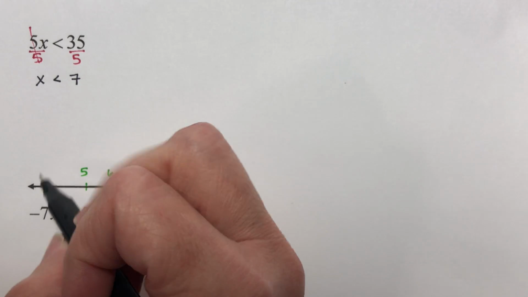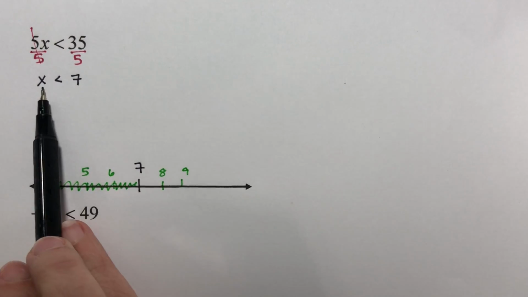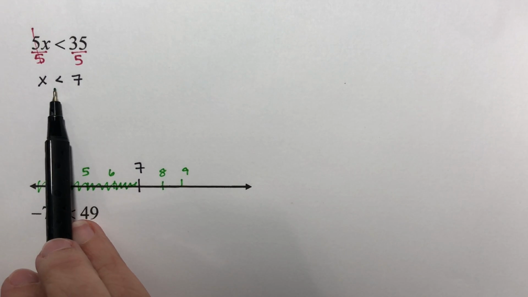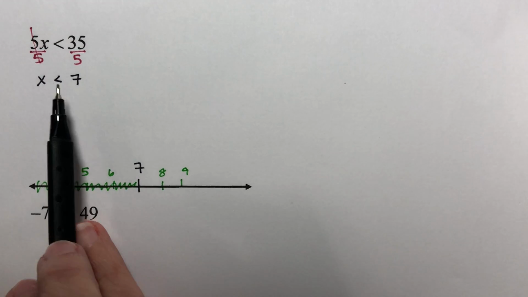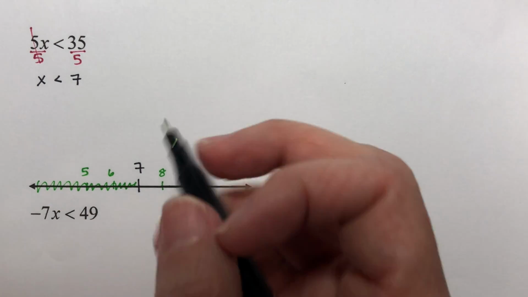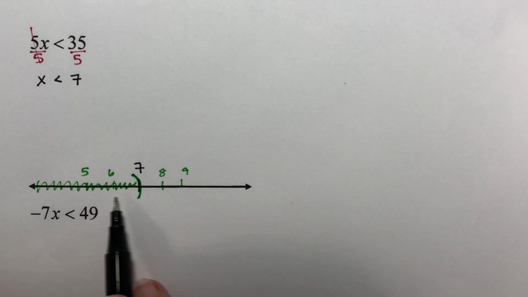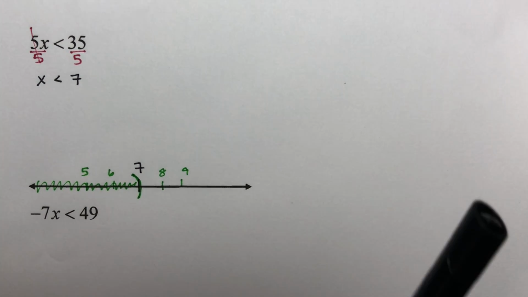So I'm going to shade this side. Also, my variable is on the narrow side of the sign, and narrow goes to the left. Now, do I use a bracket or parentheses? This does not have an equal to on it, so I use parentheses.